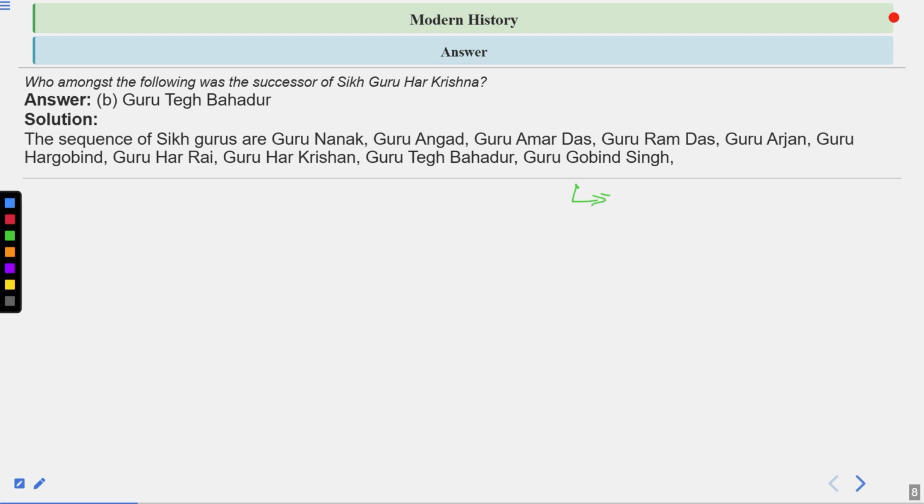Guru Gobind Singh is also credited with the establishment of Khalsa Panth, which is the armed segment of Sikh religion.